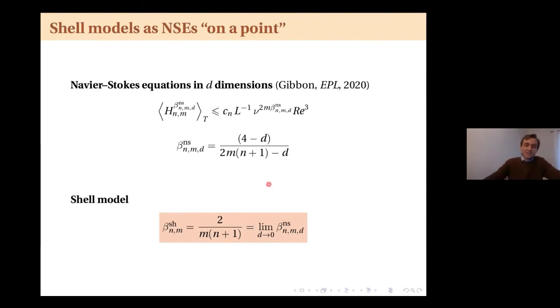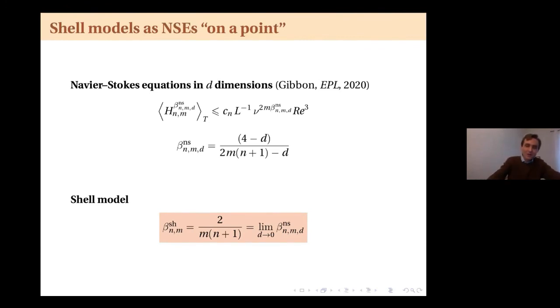So as far as the velocity derivatives are concerned, the dependence on Reynolds of the shell model is the same as a zero-dimensional Navier-Stokes equation, or a Navier-Stokes equation on a point, given that the shell model doesn't have a spatial structure. It's a kind of scalar system in some sense. It's a nice curiosity, probably not more than this.